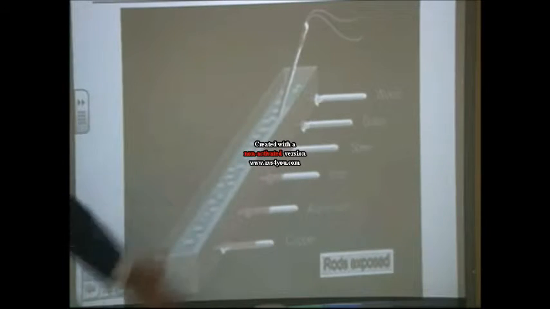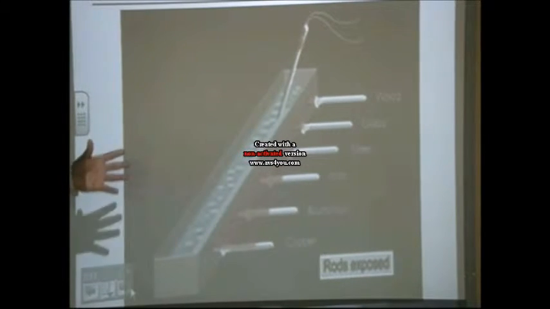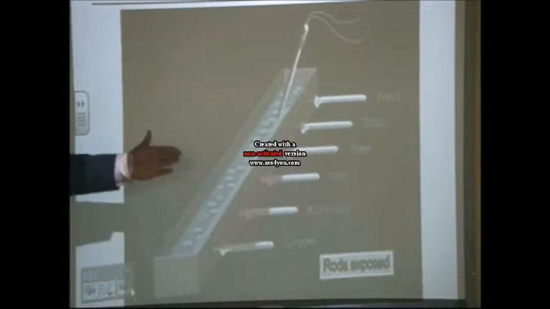You can see on wood, the candle wax will remain the same. That is to tell you that wood is a bad conductor of heat, but copper is a good conductor of heat.